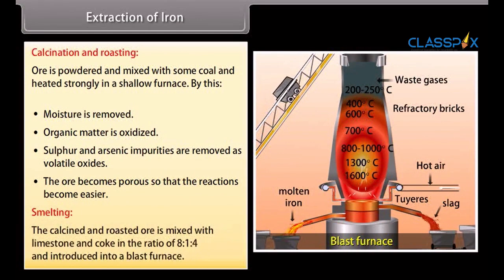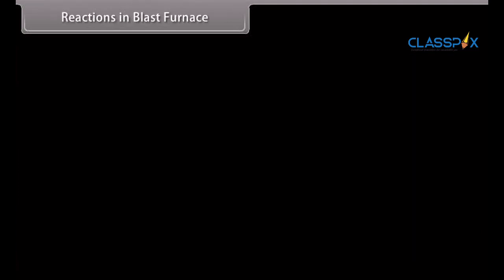Smelting. The calcined and roasted ore is mixed with limestone and coke in the ratio of 8:1:4 and introduced into a blast furnace. Reactions in blast furnace.